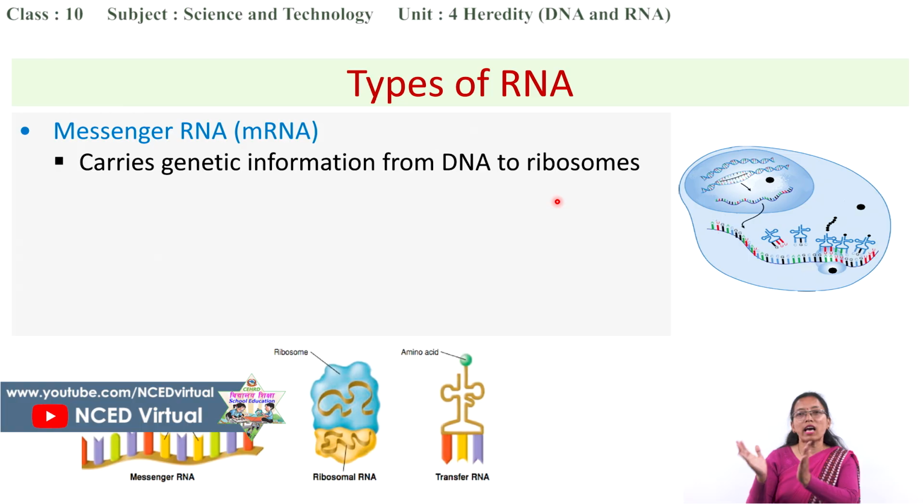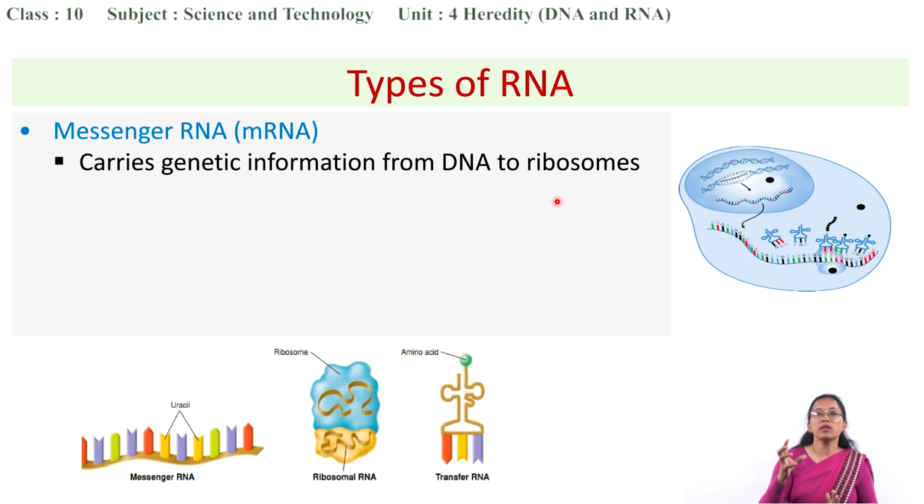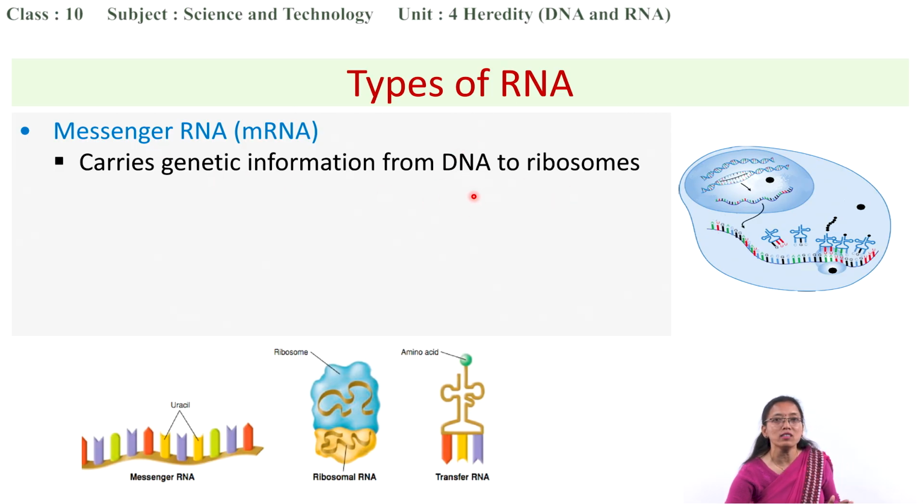You know that the ribosome is the site of protein synthesis. That means the ribosome is the cell organelle which synthesizes the protein. That's why we call it the site of protein synthesis. So this mRNA brings the information from the DNA present in the nucleus to the ribosomes.